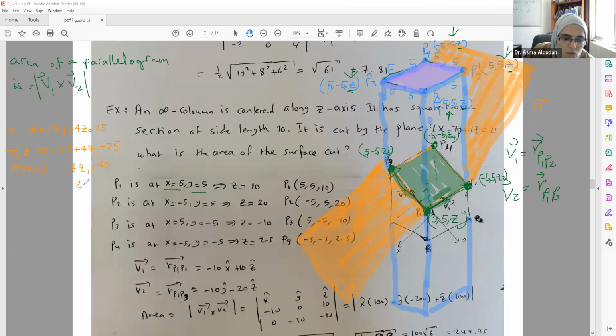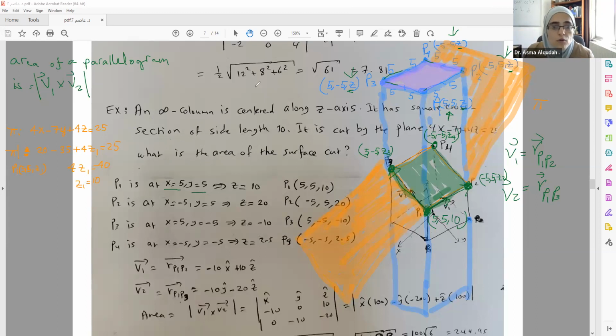So Z1 is equal to 10. The height of point P1 is 10, so instead of Z1, we put 10. Now the coordinates of point P1 are all known.